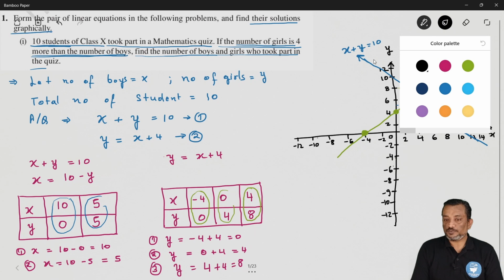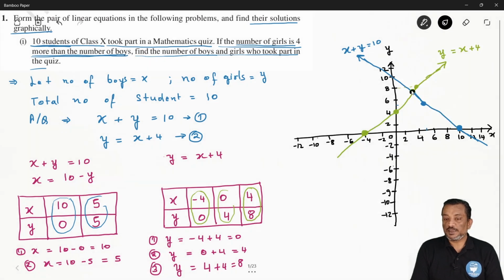So which means it is a consistent solution, it intersects. So if you calculate correctly on the basis of the graph, this will come somewhere around x will be 3 and y will be 7. So you have got x as 3 and y as 7.